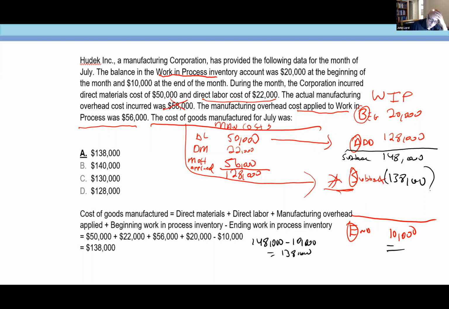Yeah. I started with 20, I added 128, that's my manufacturing cost. I had 148. I ended with 10, so I must have subtracted 138. That means 138 came out of work in process and into finished goods. If I don't know the definition of the cost of goods manufactured, I can't even start this problem.